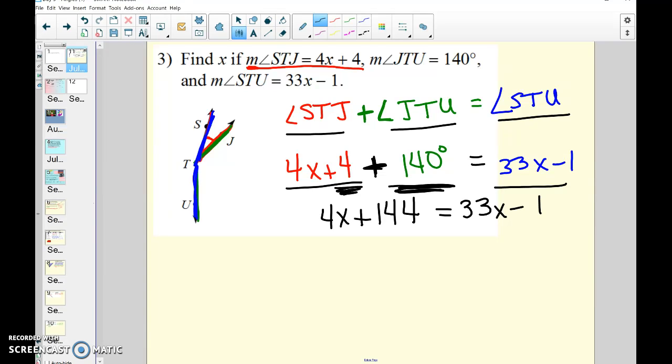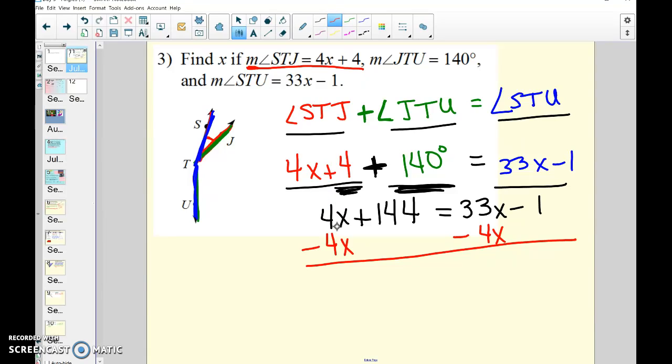Now I need to start moving some stuff to each side to get things combined. So let's figure out how to move the variables first. I generally want to move the smaller number, or move it in such a way that I end up with something positive. I want to move the 4x, because I know I'll end up with a positive number then. If you want to move the 33, that's fine. Notice how I'm doing the opposite.